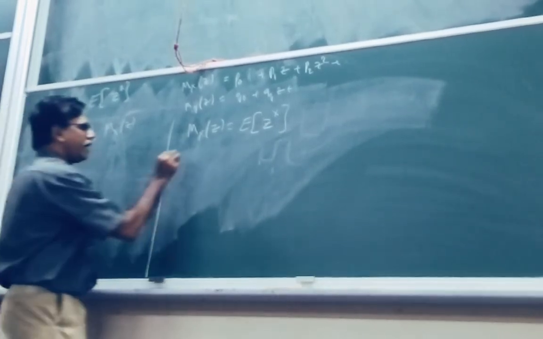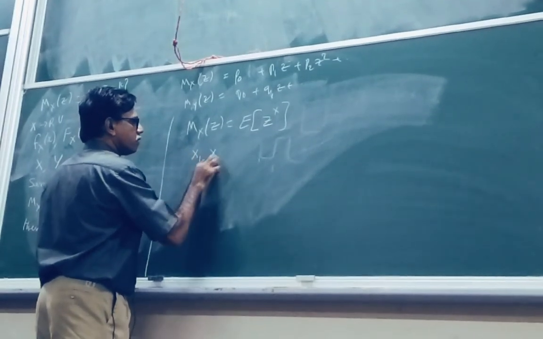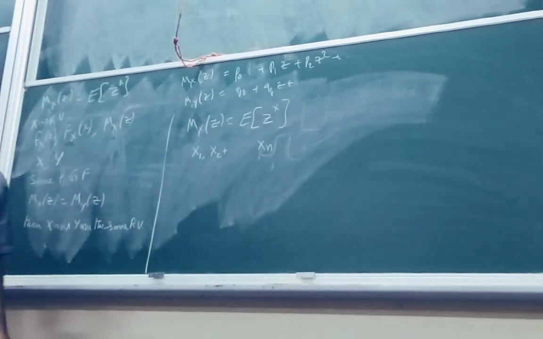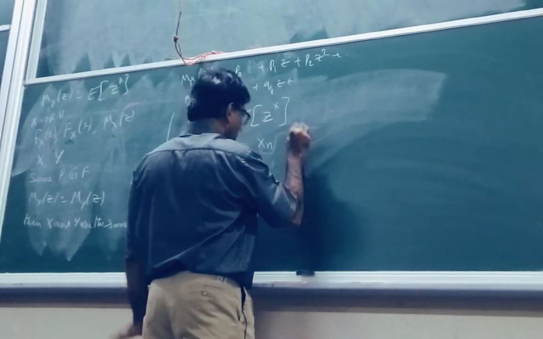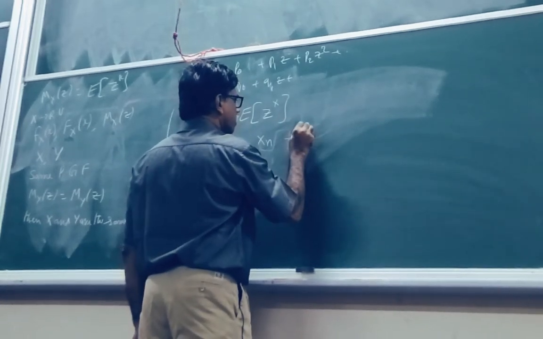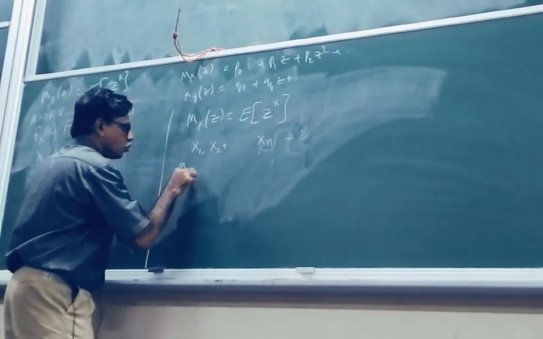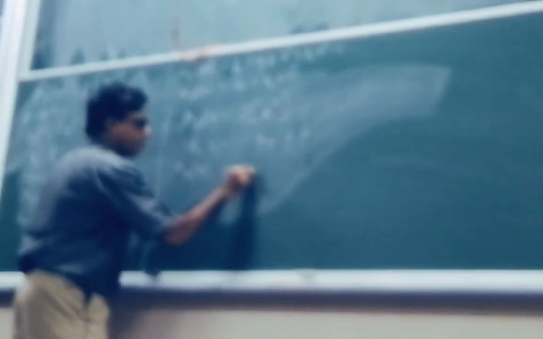So now let us see, you have random variables X1, X2 to Xn, and their individual PGFs, M_X1 of Z, M_X2 of Z, and so on.